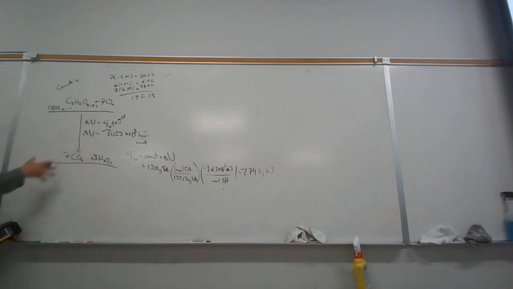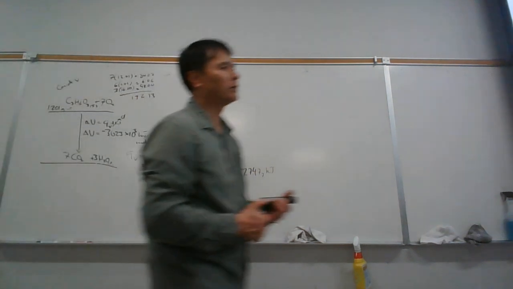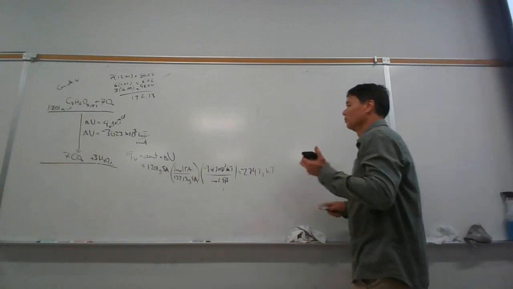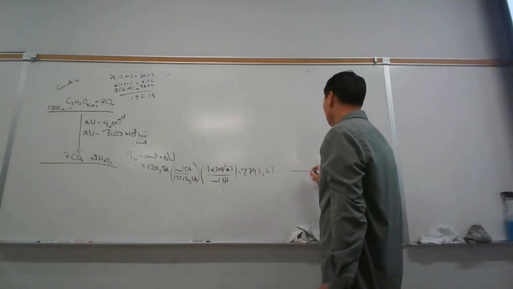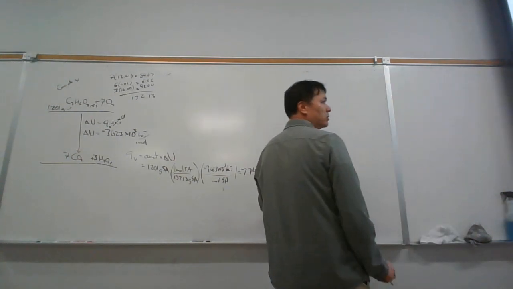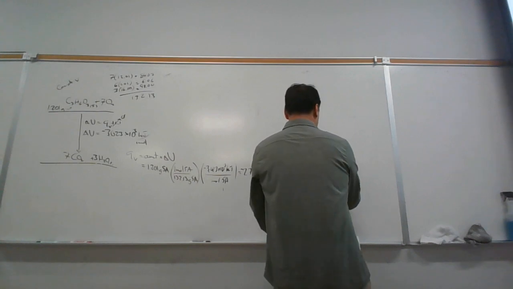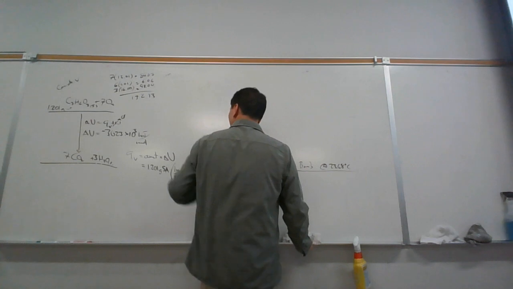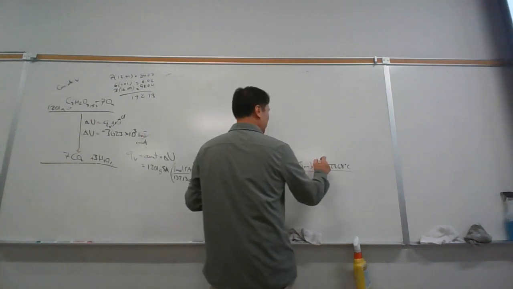All that heat is going to go into the surroundings. The surroundings in this case will be the bomb calorimeter assembly, which we'll just call the bomb. And so we're going to have a bomb here. The bomb is going to start off at initial temperature at 23.68 degrees Celsius. And then it's going to absorb this amount of heat.